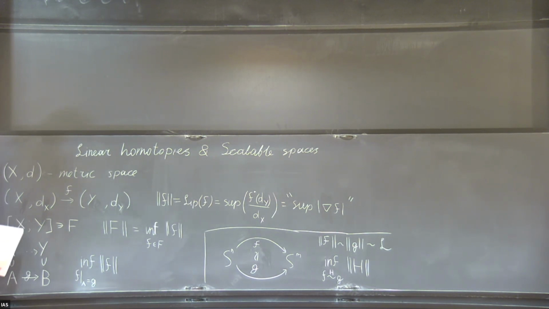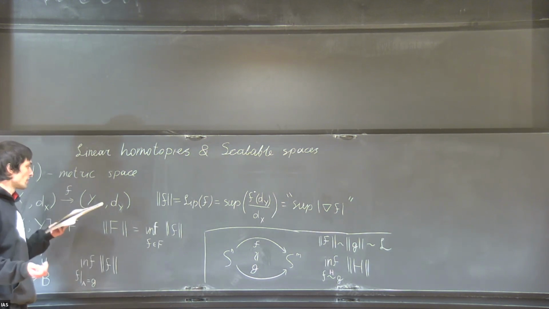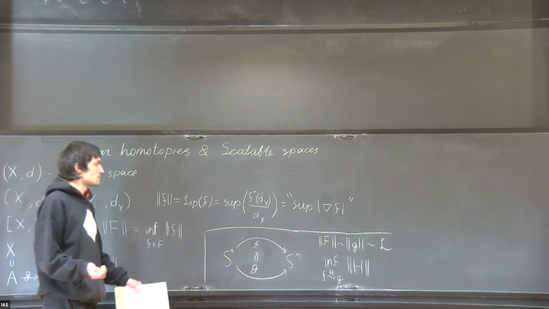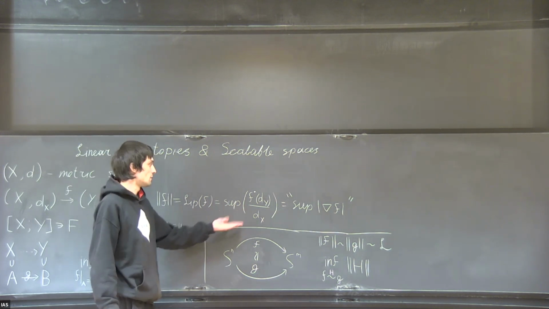So the setting that we have is a metric space, and for a map between two metric spaces, we can define the Lipschitz norm of that mapping as how much the distance is stretched.